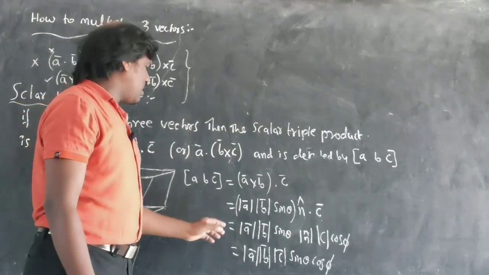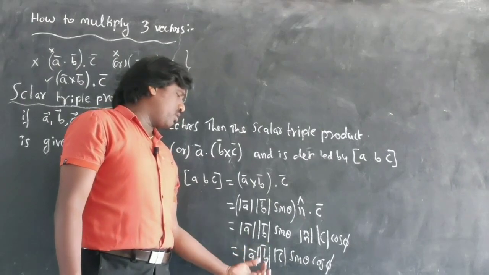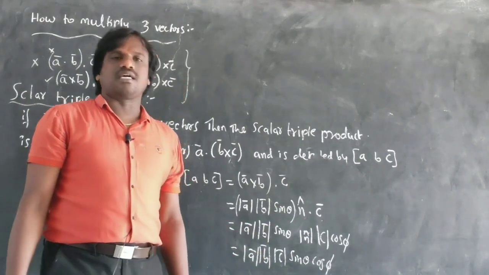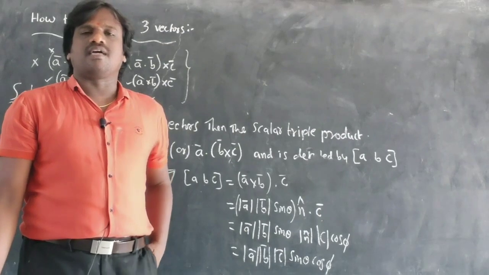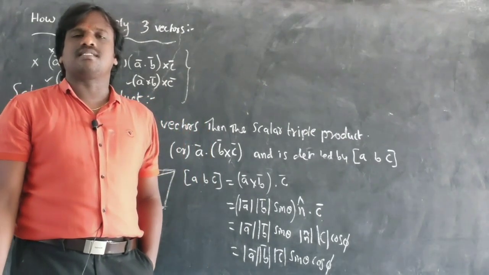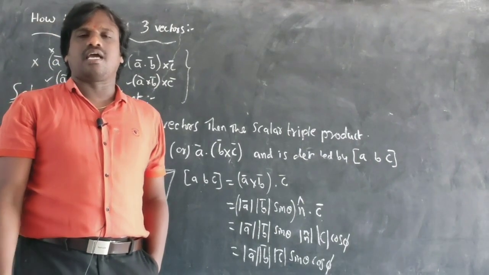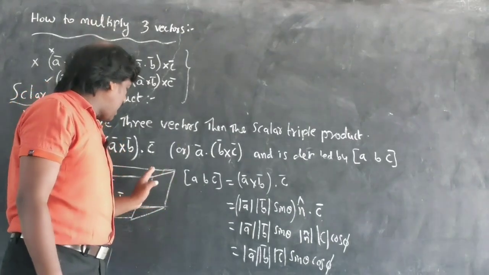So I understood here the ABC box in another way is mod A, mod B, mod C, sin theta into cos pi, where theta is the angle between A and B, and pi is the angle between n, that unit vector, and C. So it is a parallelepiped.